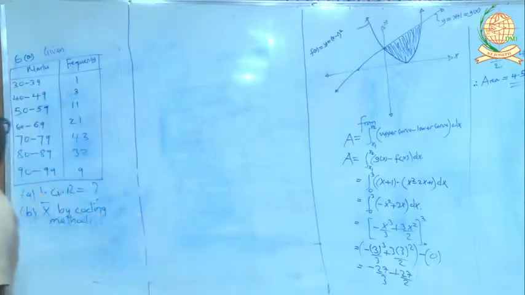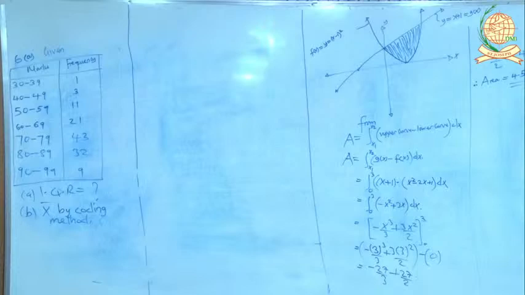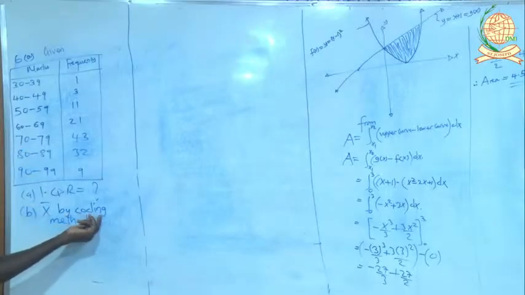Now make a table so that we can have the class mark, the frequency, the value of u by this formula, the coding method, as follows.